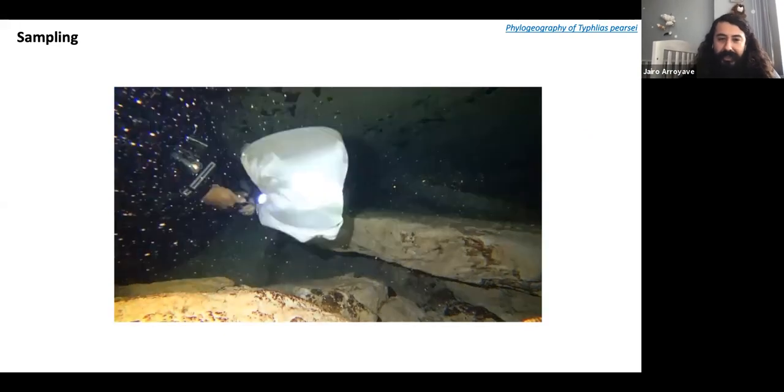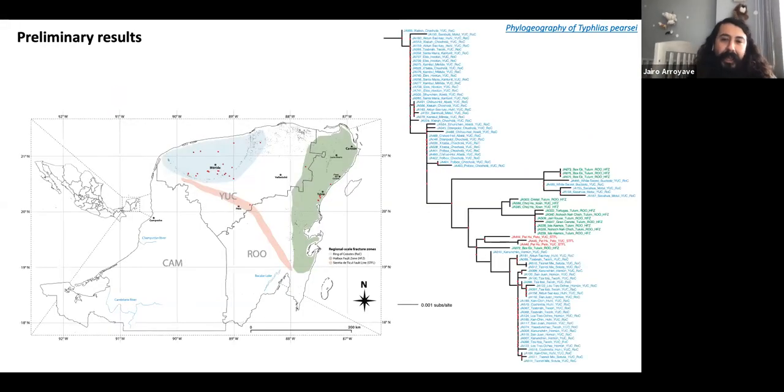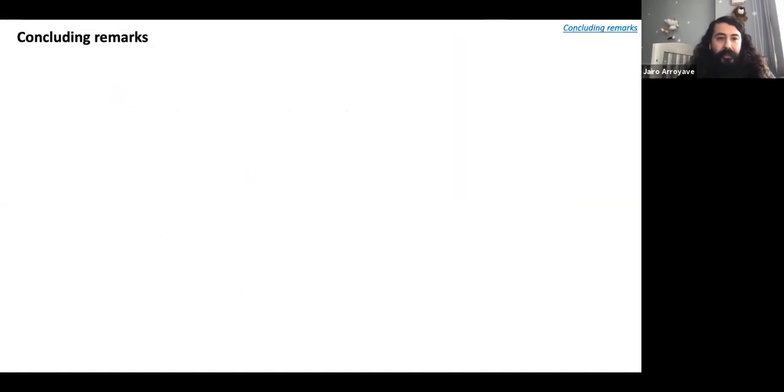And this is how we do it. And the results so far show a genetic structure that is not as clear, at least using these units of comparison, as with Rhamdia. But we do see some structure that we're still further exploring with the analyses that are yet to come.